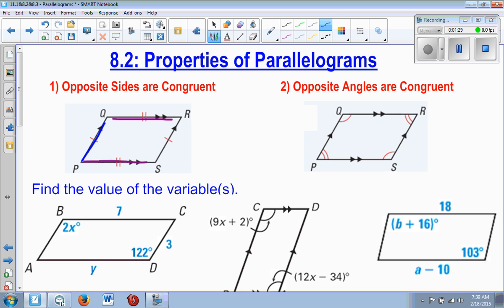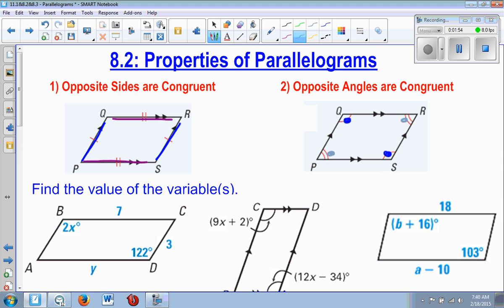My left side QP and my right side RS are also a pair of congruent sides. What we also learn is that the opposite angles are congruent. So in my picture on the right hand side, angle Q and angle S would have the exact same degree measure. And likewise, angle P and angle R would have the exact same angle measure.